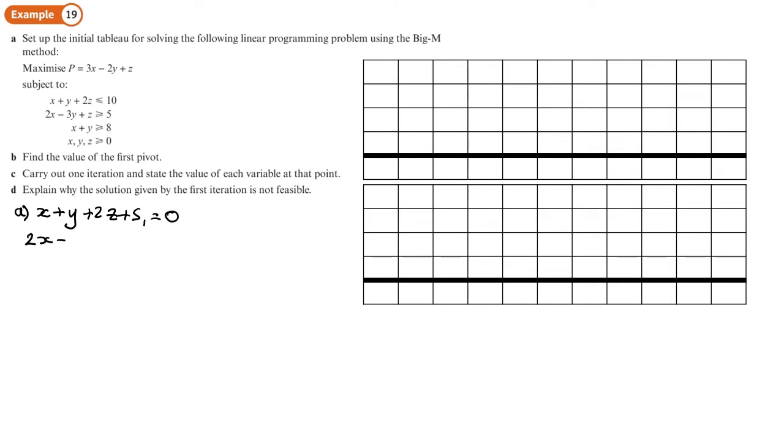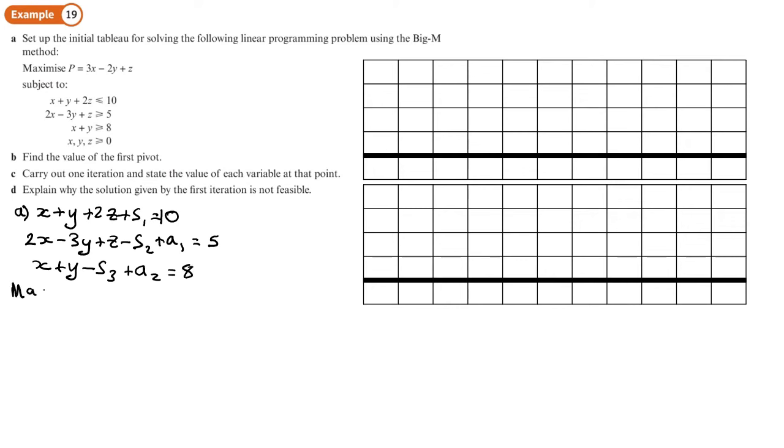Second one, greater than or equal to, surplus variable and artificial variable, which should be equal to 10. Third one, greater than or equal to, surplus variable, artificial variable.